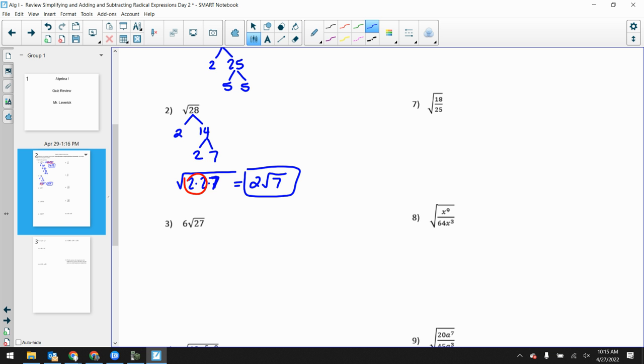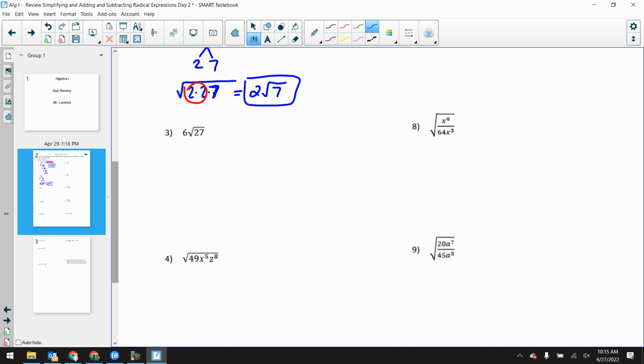Now, remember what happens when we have a number out front? In the end, we're just going to multiply with that number. Let's take 27. That's 3 and 9, which gives me a 3 and 3. Now, remember that 6 has to stay outside, right? We're not going to break down that 6 or anything. That's just got to stay outside. And then when we buddy up, that 3 comes out.